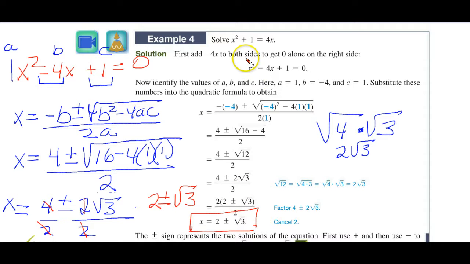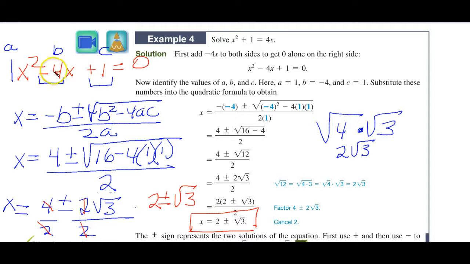So again, your typical quadratic equation, if you're going to use the quadratic formula to solve it, you need to put it in standard form, so you identify the proper A, the proper B, the proper C values to put into the quadratic formula, and it takes a little practice.